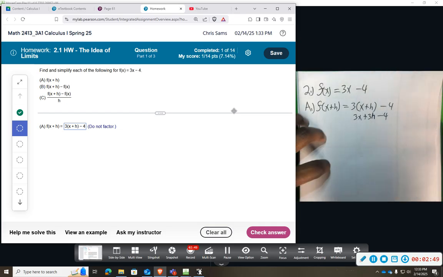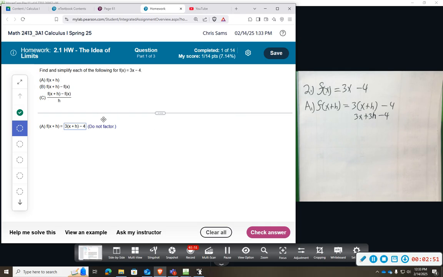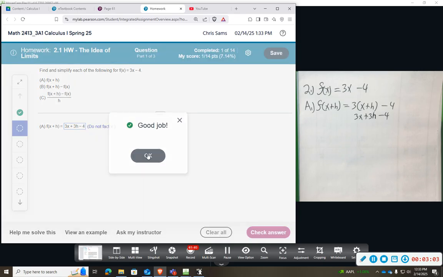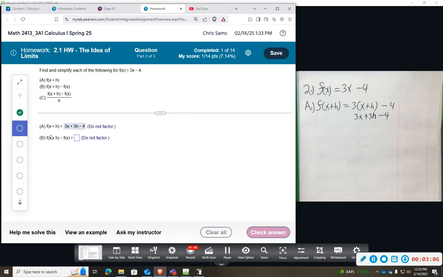So just testing to see the form that they want this in. So say 3x plus 3h.